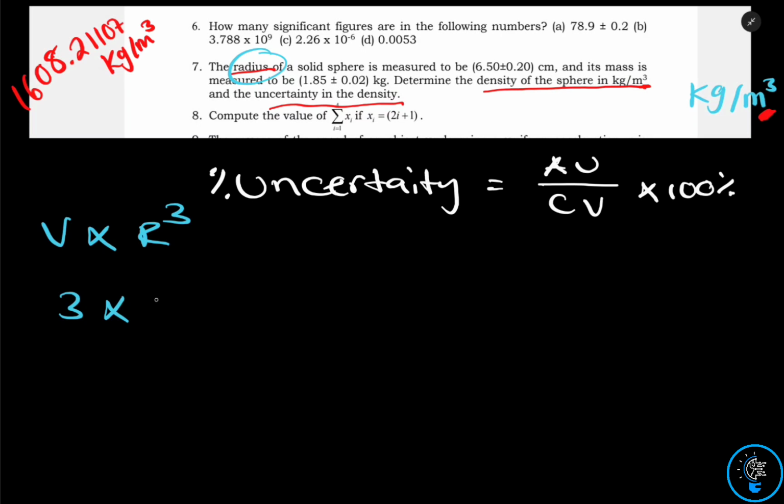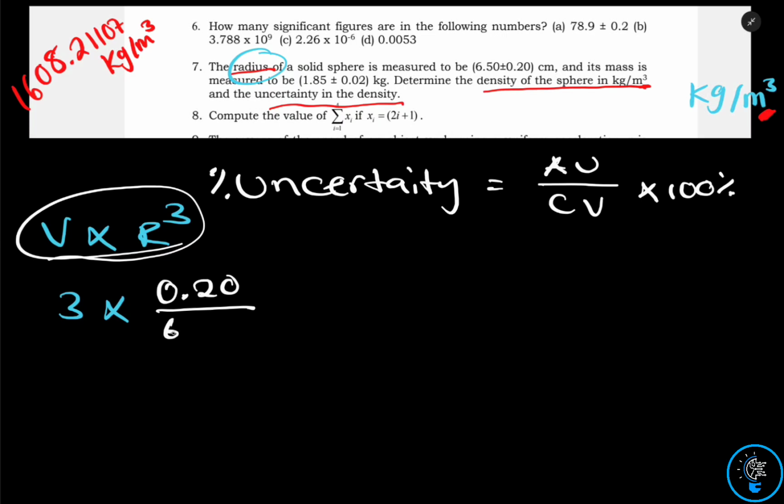So let's punch that here. So we're going to say absolute uncertainty for volume, for R. Remember, we're dealing with volume at this point. So for R, the absolute uncertainty is 0.20. The central value is 6.50 times 100%. Let's put these things in brackets.